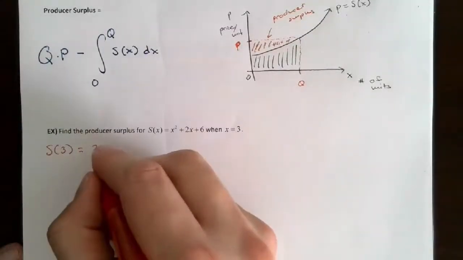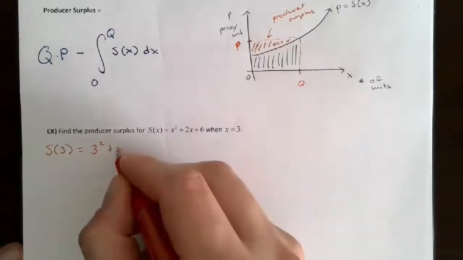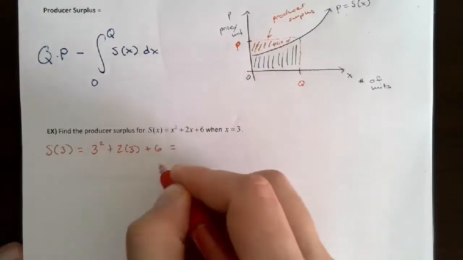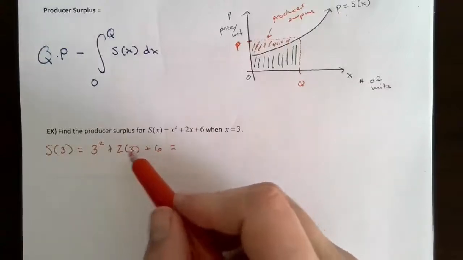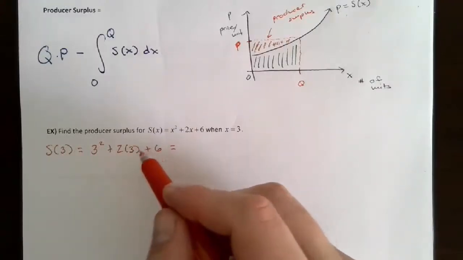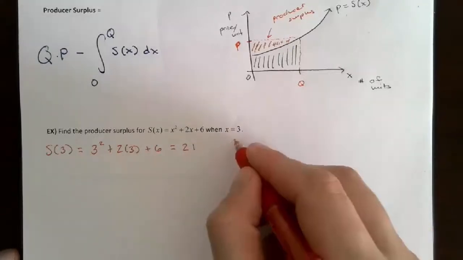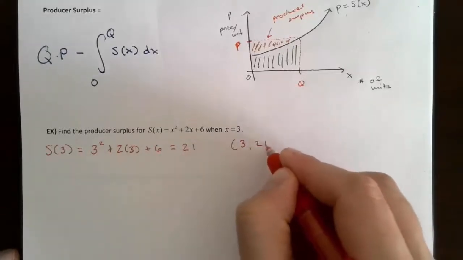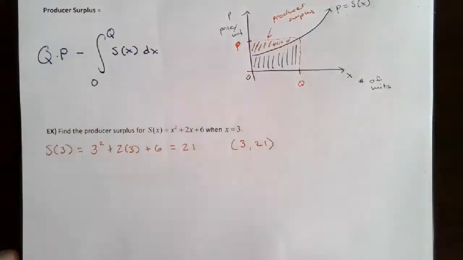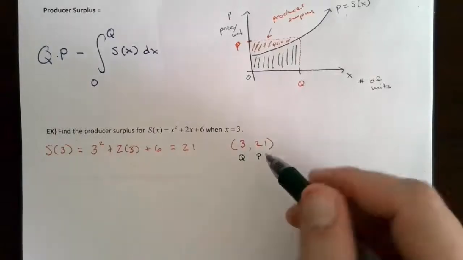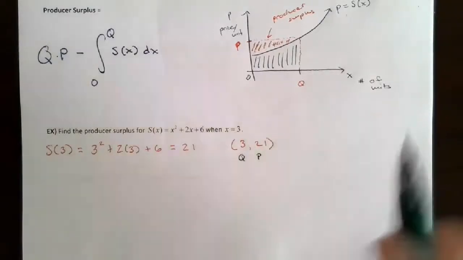So s of 3 would be 3 squared plus 2 times 3 plus 6. 3 squared is 9, plus 2 times 3 is 6, so 9 plus 6 is 15, plus another 6, I get 21. So we have the point (3, 21). Remember that this is Q, this is P, so at a quantity of 3 units at $21 per unit.